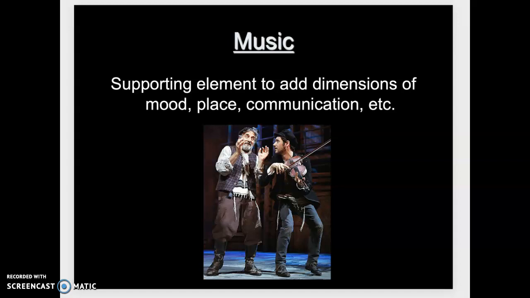And again, it's a supporting element to add dimension, mood, atmosphere, place, and communication. And you can find that with the underscoring of music to support a scene can help to tell the scene's emotional weight, right? If it's a sad scene, we're not going to play happy clown music that belongs in a circus, right? So the music is chosen appropriately.